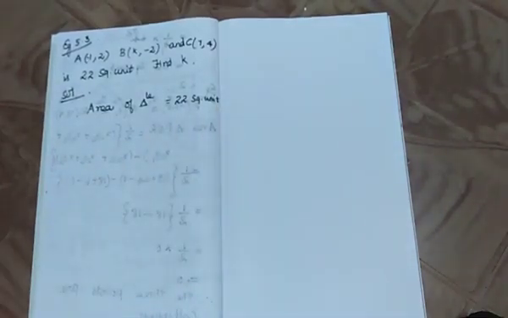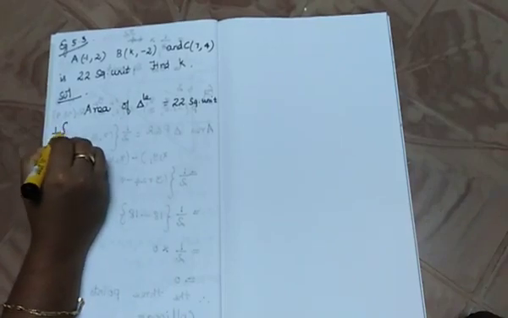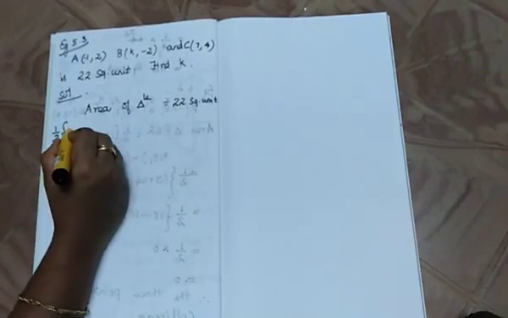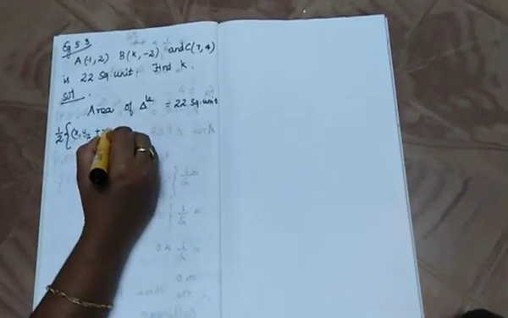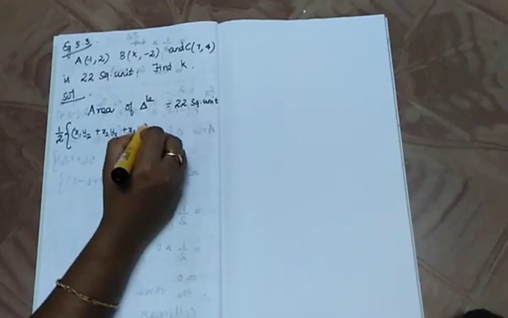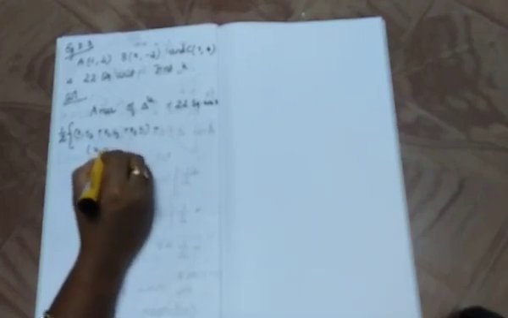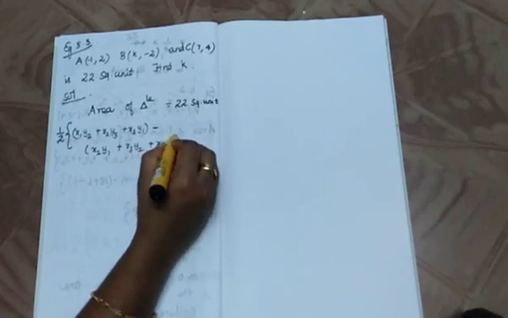As we all know, the area of triangle formula is half into x1 y2 plus x2 y3 plus x3 y1 minus, x2 y1 plus x3 y2 plus x1 y3.